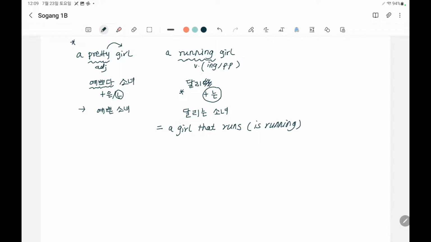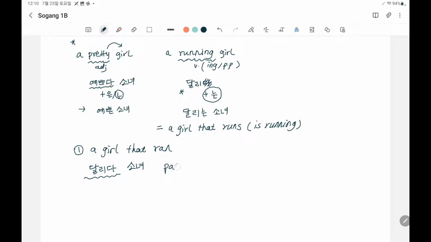How about past tense? How can we say a girl that ran? We need 소녀 anyway, and we need 달리다 here anyway. How do we change this form to modify 소녀?